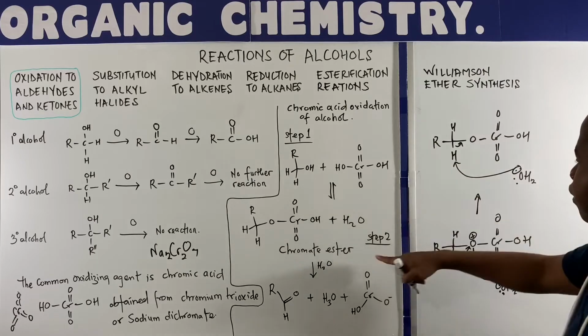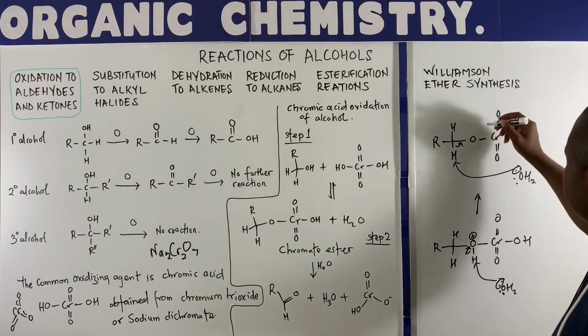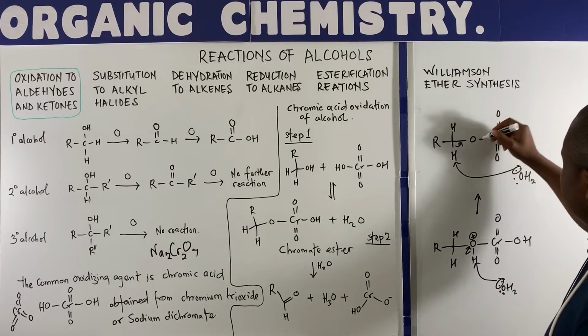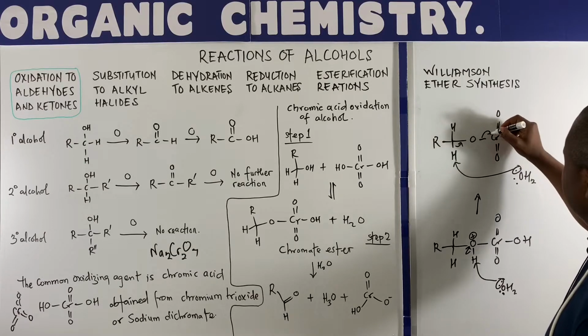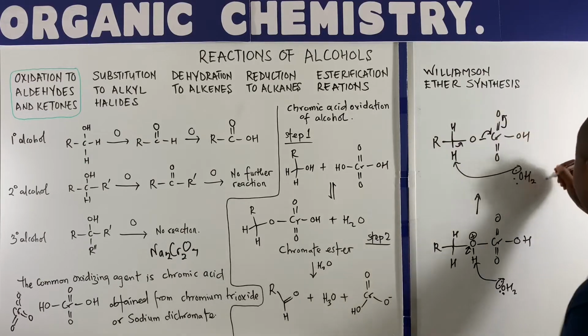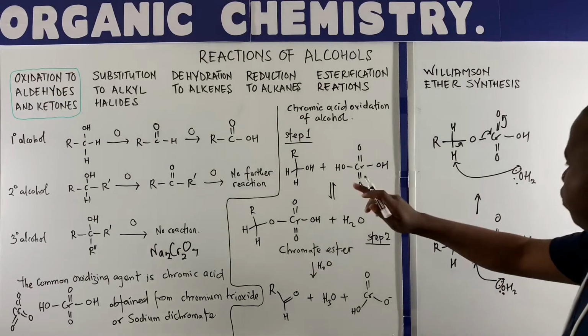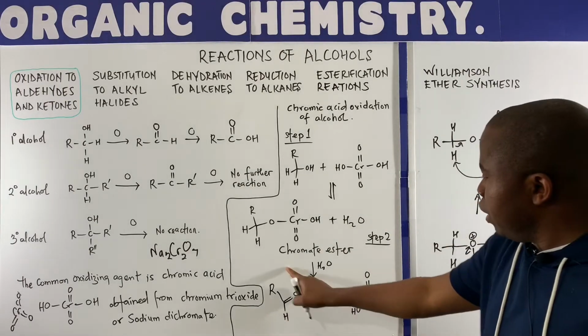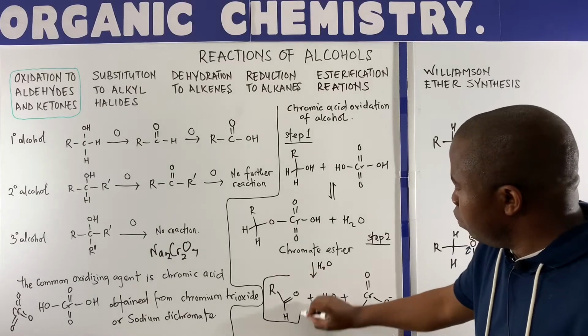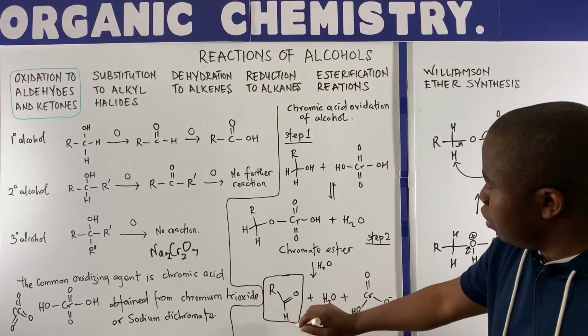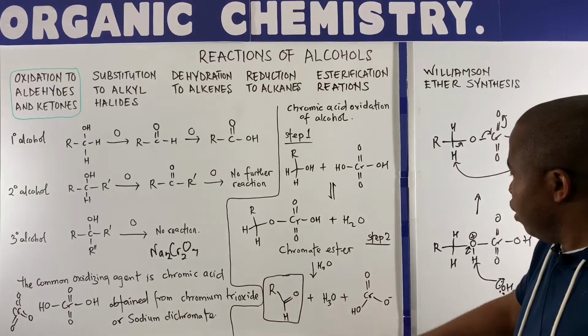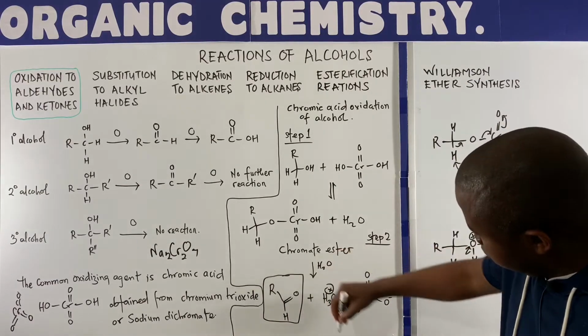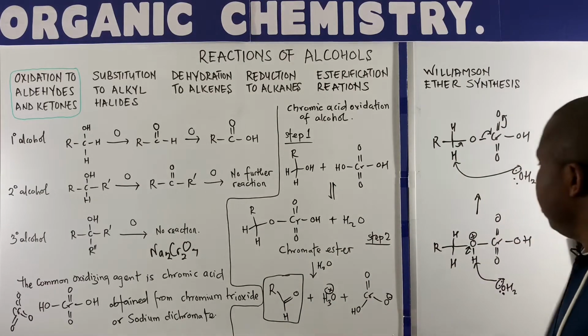So step 2 is an elimination reaction. So this goes here, this goes here, this goes here, so that we can form the final products, which are this. When this happens, we're going to form the elimination product, the E2 elimination product, which is the aldehyde, this and this.